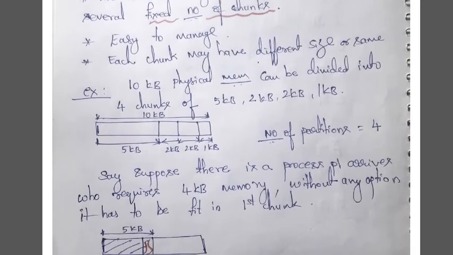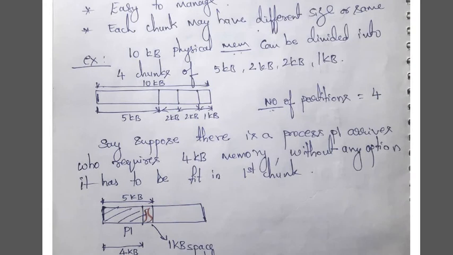Here we have an example which shows the same thing. The entire 10 KB memory has been divided into 4 chunks. Here the number of partitions is fixed at 4. Now suppose a process P1 arrives which requires 4 KB of memory.